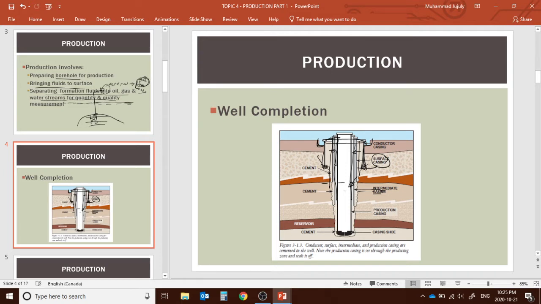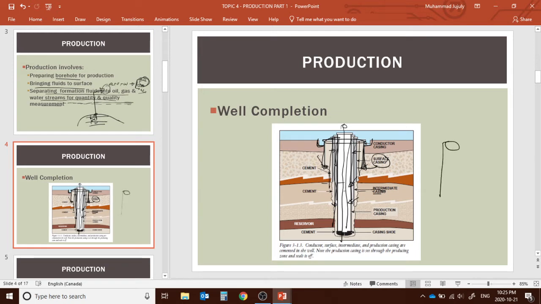Finally, when we reach the reservoir, we put in the final one, the production casing, and then cement it to stabilize, and after that we put in the production pipeline.